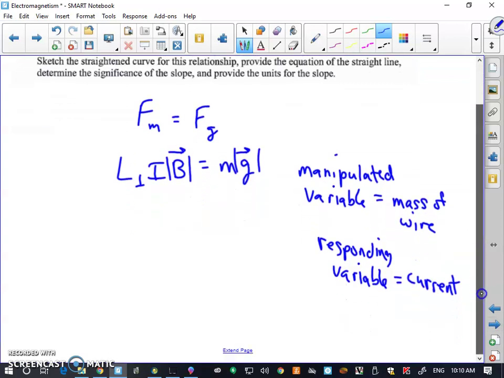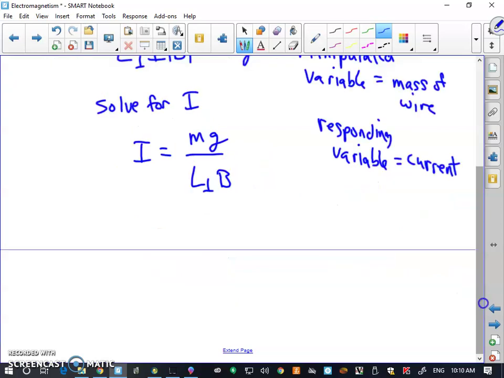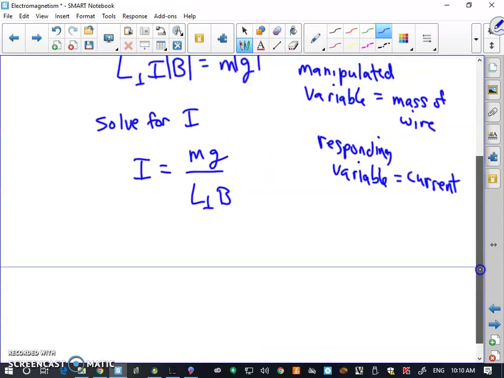Okay, so what we do is we take the relationship here and we solve it for the current, for I. So I have the following. I is going to be equal to M times G over L perpendicular times B. Okay, so to solve the question here, what we need to do is try and realize that this is directly related.